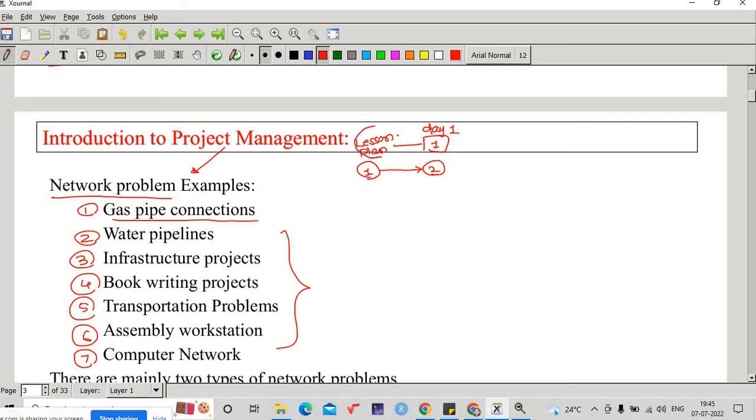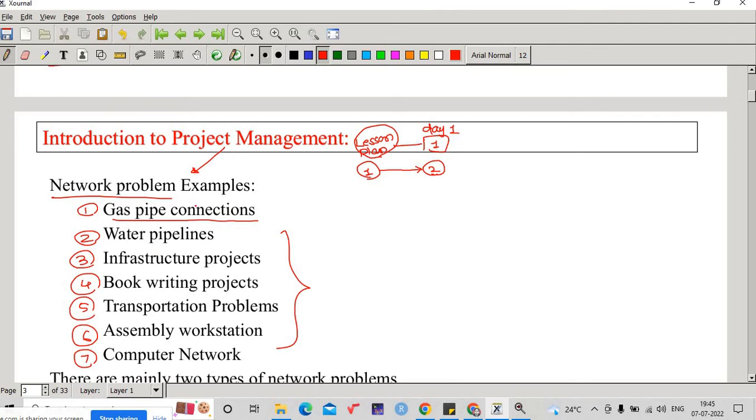So this is the prior activity and needs to be performed before I conduct your first lecture. Suppose we consider syllabus completion of operation research as a project, then the interconnectivity of the activities will have to be dealt with in this way. The lesson plan must be prepared before I approach you for teaching. So this is called connecting activities. It's nothing but networking all the activities in the project.